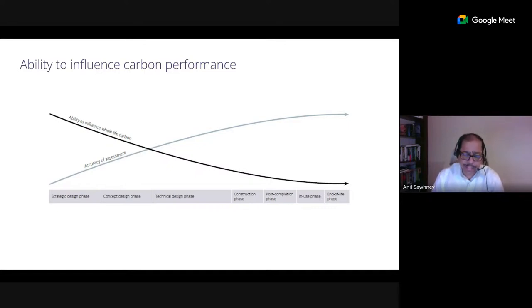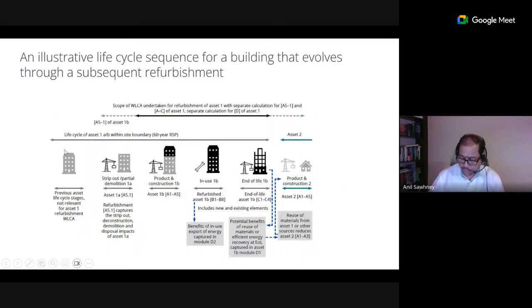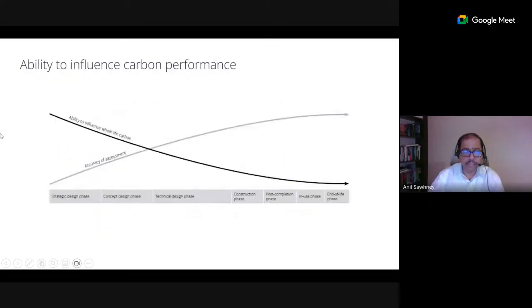But still, doing early cost and carbon calculation is very important. So if you are able to work here, provide early cost and carbon advice to the client, it's very beneficial because the ability to influence whole life carbon is much higher.